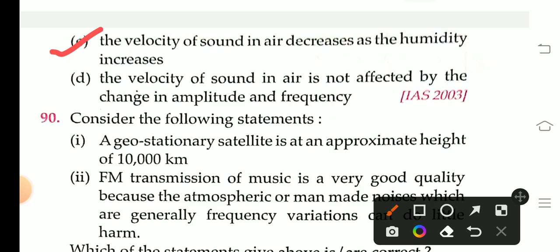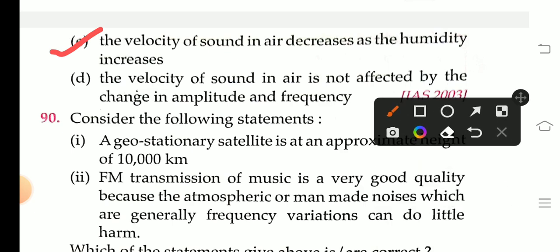Next, consider the following statements. 1. A geostationary satellite is at an approximate height of 10,000 km. 2.